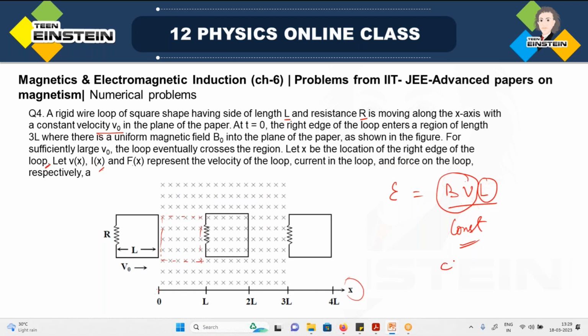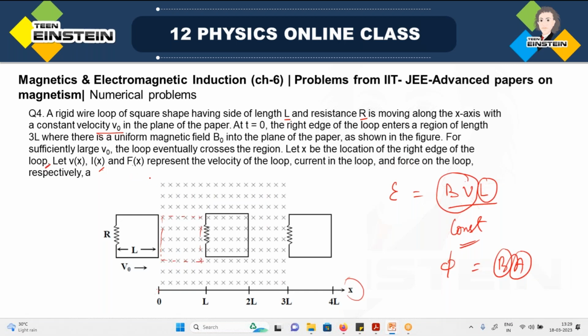We know flux is B into A, so if B changes, or when area changes, then flux change will happen. So if the length varies, then magnetic flux change will be there.